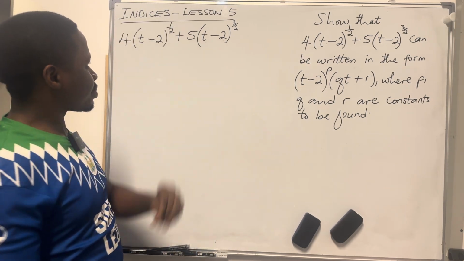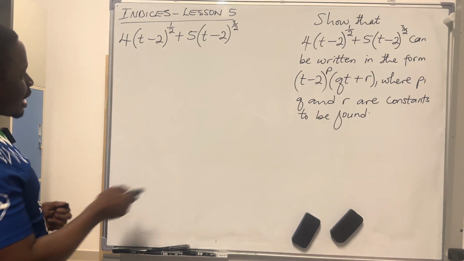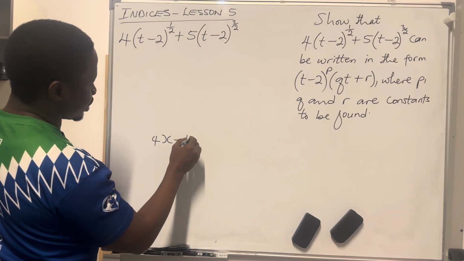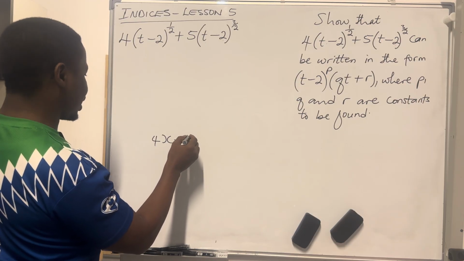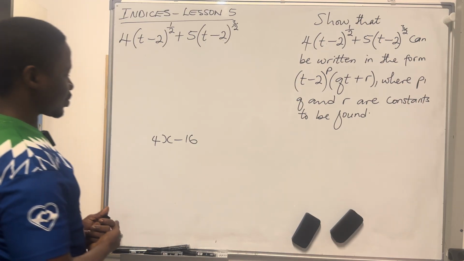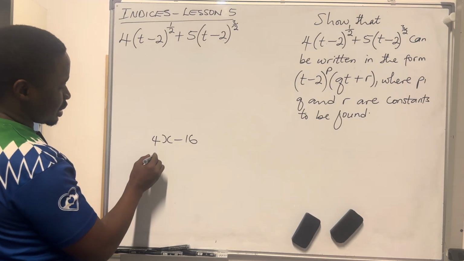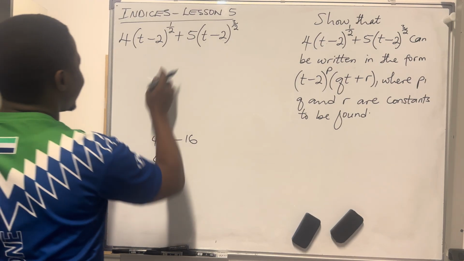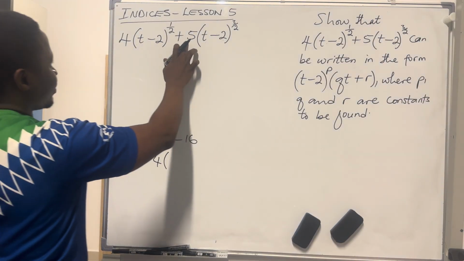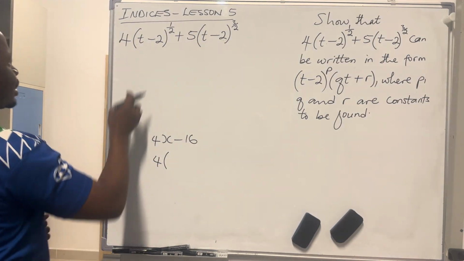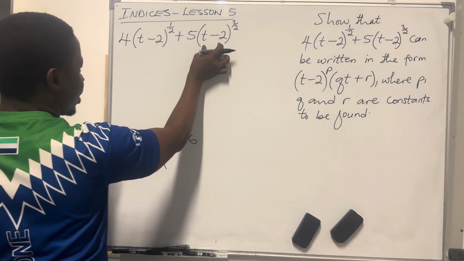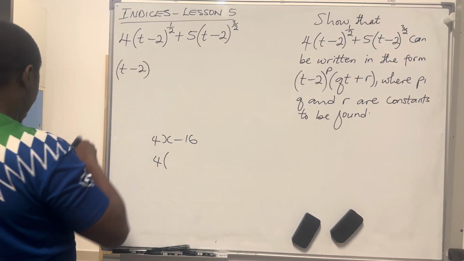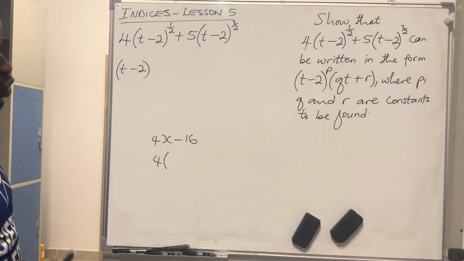Look at it here. Let's assume we have 4x minus, let's say, 16. What do you think is common here? It is 4. We take it out, we factor it out. So here again, 4 and 5, nothing is common. T minus 2 is common. So we say T minus 2. But not just T minus 2.